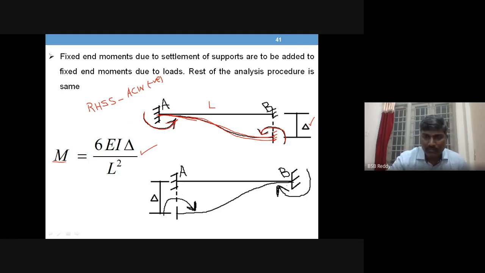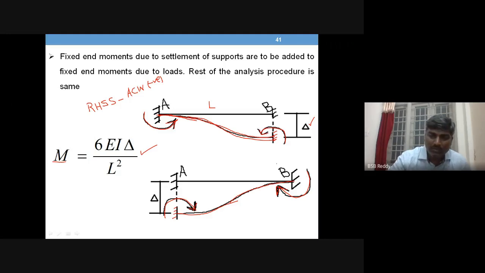Similarly, for the same span AB, the support A sinks by an amount of delta. Now you can see this is how the beam shall bend, where the moment developed at A shall be clockwise. Similarly, at B, it shall be clockwise.